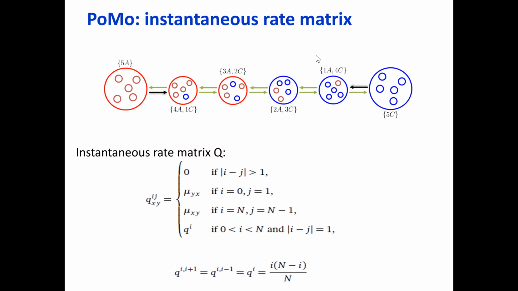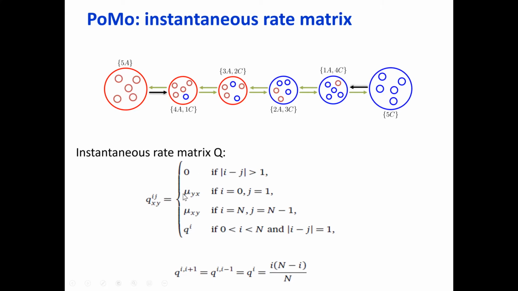So having now defined how to introduce mutations and how to move between the polymorphic states, we can write down an instantaneous rate matrix. There are no big shifts in allele frequencies, so all the rates which would account for bigger shifts are 0.